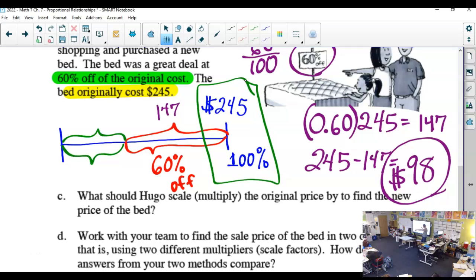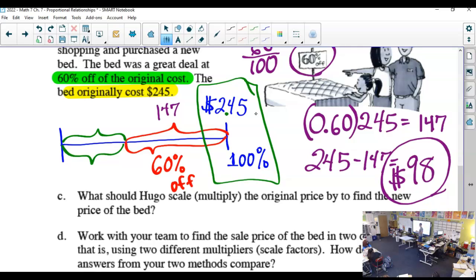Vincent's telling us if we divide by 10, we could get 24.5, or if we divide by 100, we could get 2.45. So what would that be, Vincent? 1%. That is our 1%. If we divide by 100, that is 1%. What are you going to do with that, though? Multiply by 40 and by 60 to get 4%.